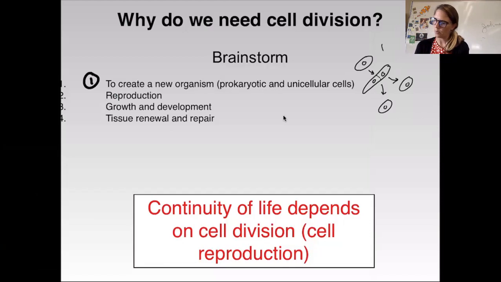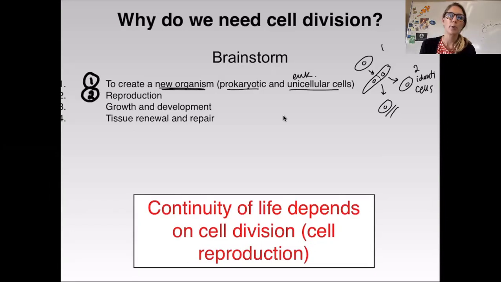So you went from one cell to two identical cells. You literally created a new organism there. So sometimes mitosis can create a new organism, in particular for prokaryotic cells and also eukaryotic unicellular cells, so organisms that are one cell.